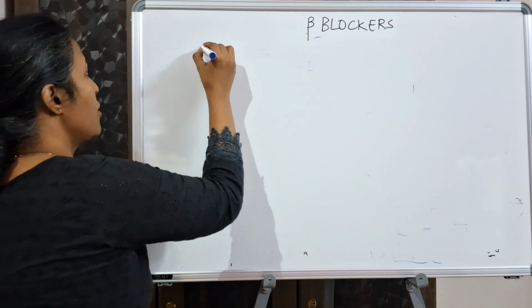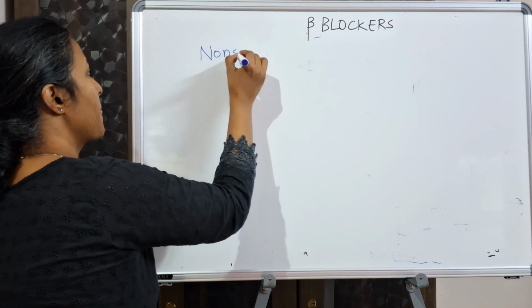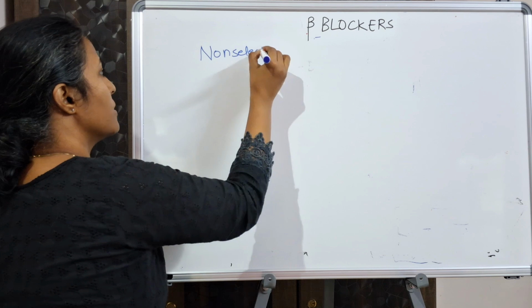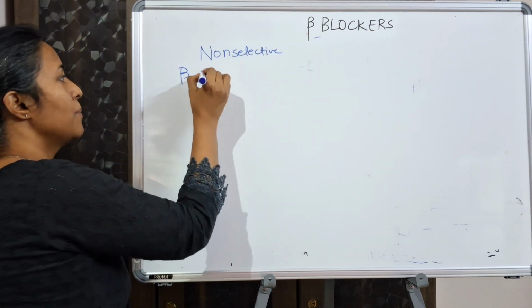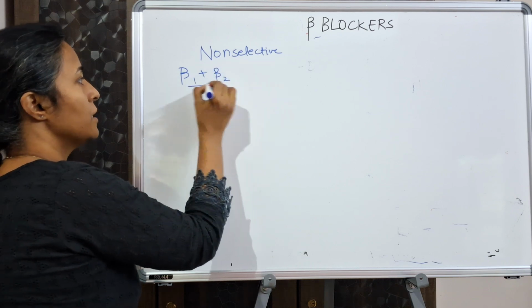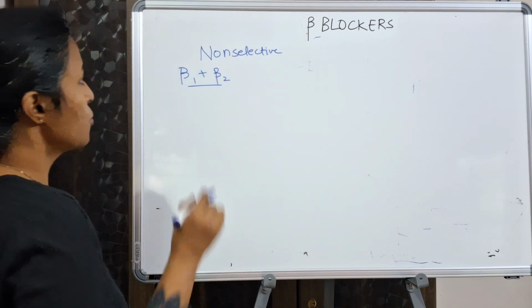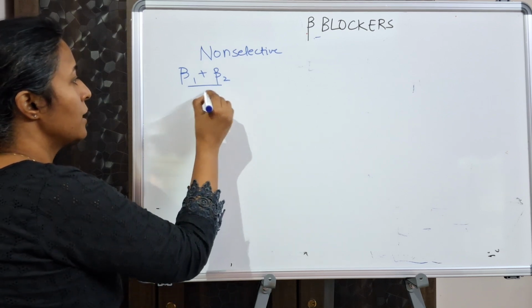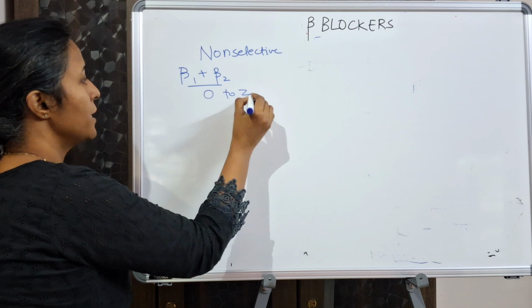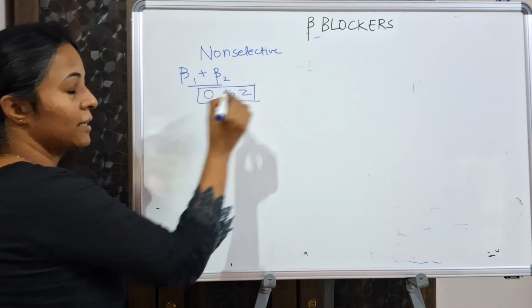So we have non-selective beta blockers, okay? That means they will block all types of receptors, beta 1, beta 2 receptors. Okay, so what are these non-selective beta blockers? Simply remember that the beta blocker name starting from O to Z is non-selective.